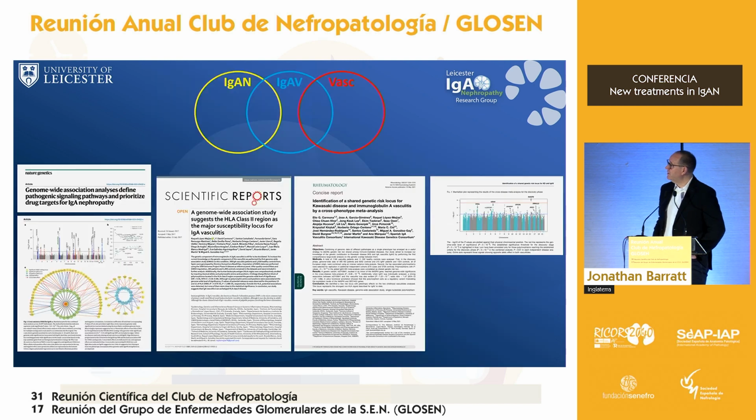If we tease into a little bit more detail, what seems to be the case is that in IgA vasculitis, there is a sharing of those genetic risk alleles with IgA nephropathy, but there is also a sharing of those genetic risk alleles associated with more general vasculitic diseases. This is the most recent genome-wide association study from Christoph Kirilluk, published at the end of last year, identifying, as I say, over 30 different genes, and some of those are shared with publications that have identified genetic risk factors in IgA vasculitis.